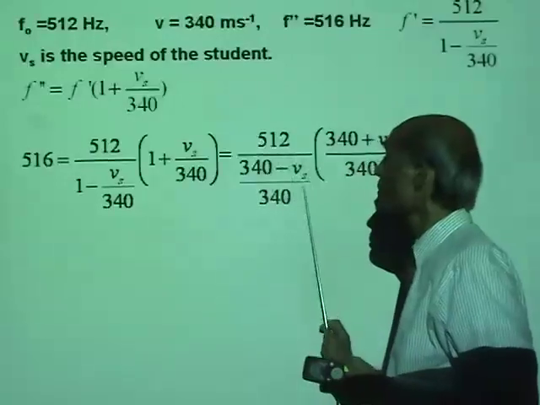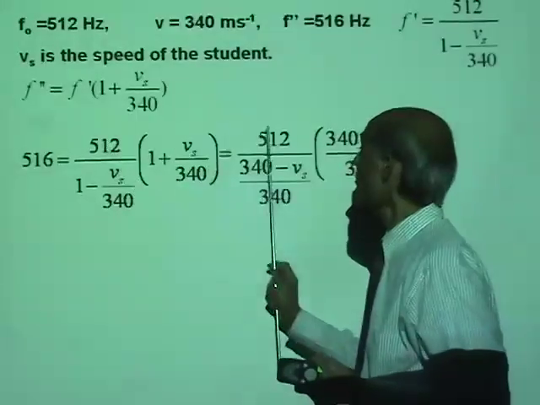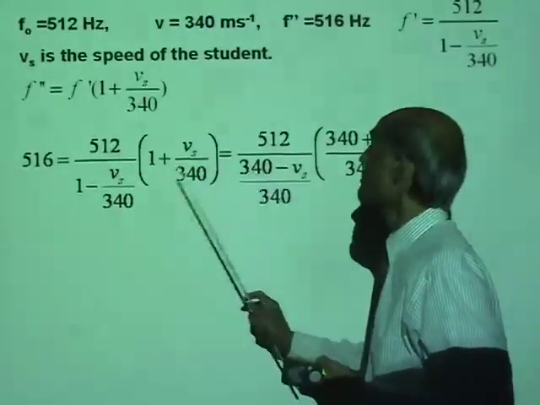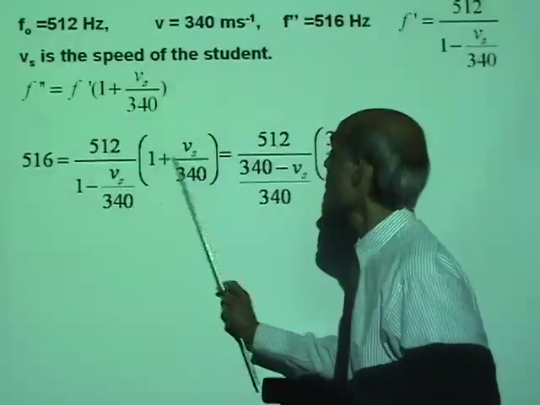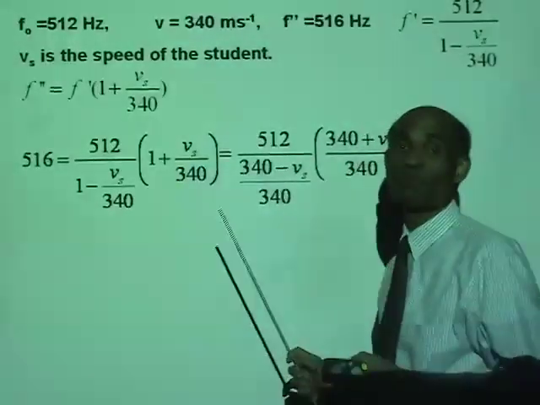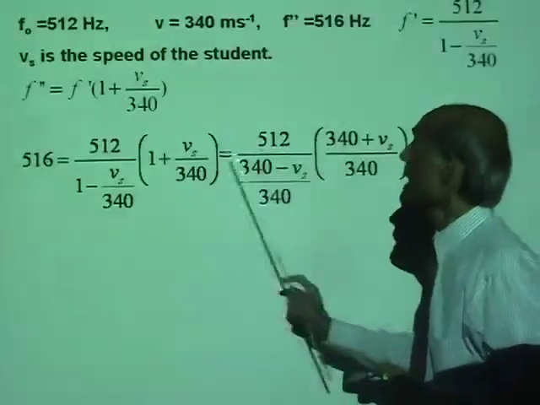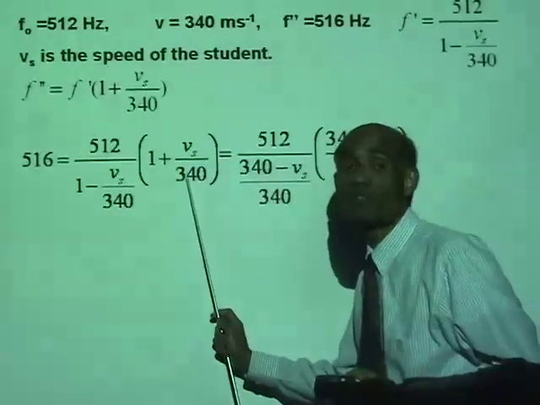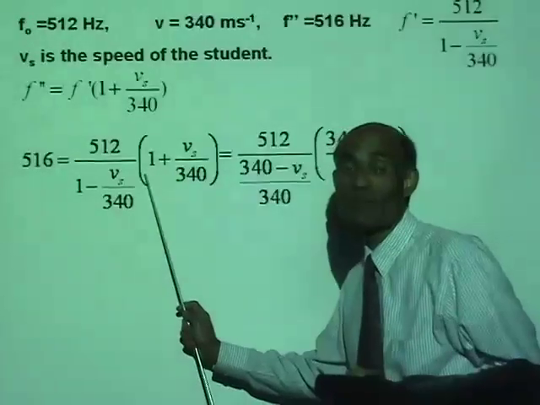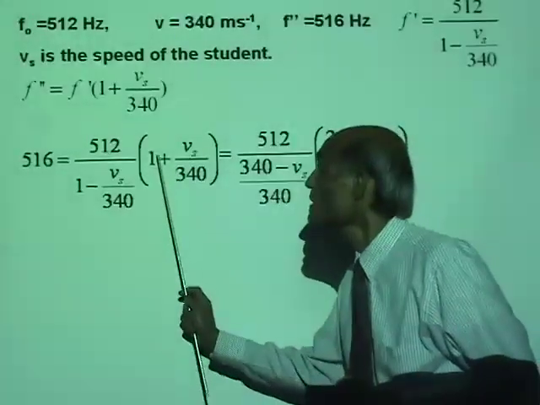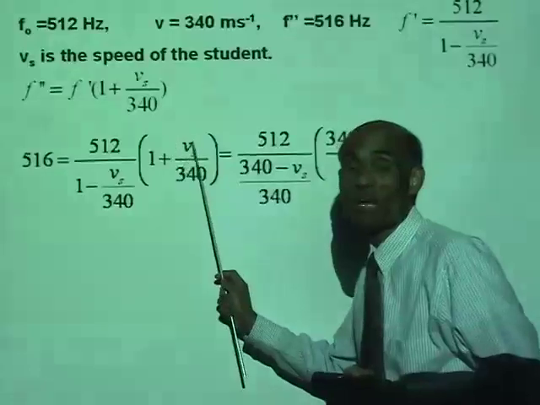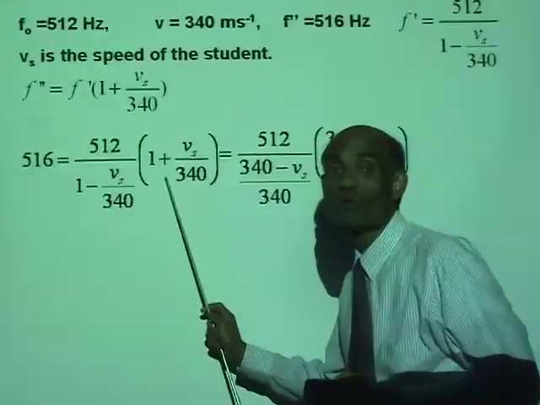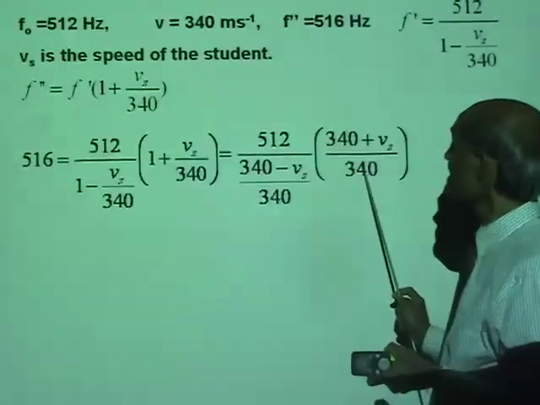That is this quantity. So this now becomes 512 divided by 340 minus Vs over 340 multiplied by, again this is simplified by taking 340 as the common denominator. That becomes 340 plus Vs all over 340. That is this one.